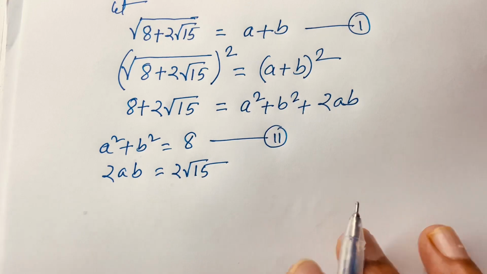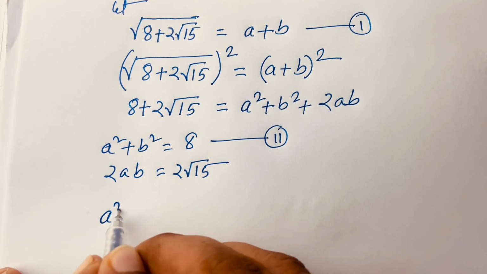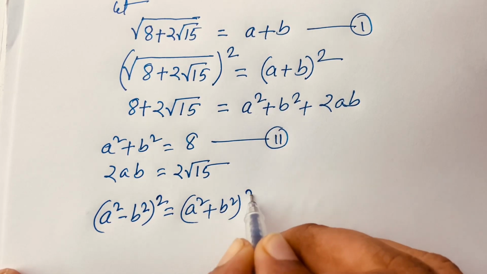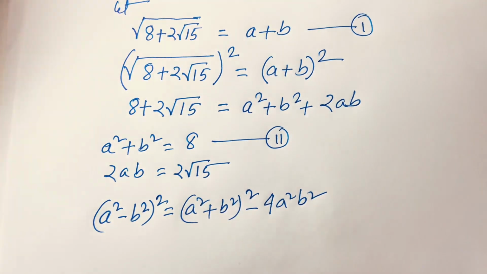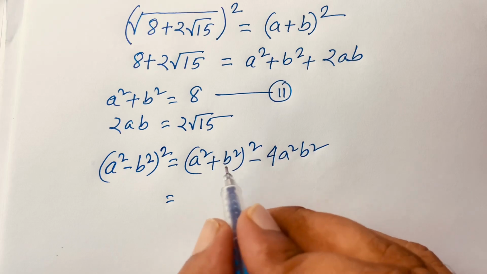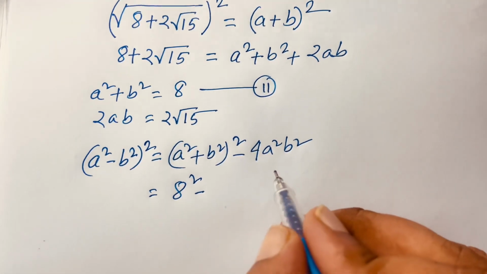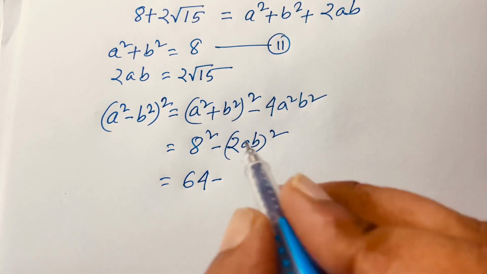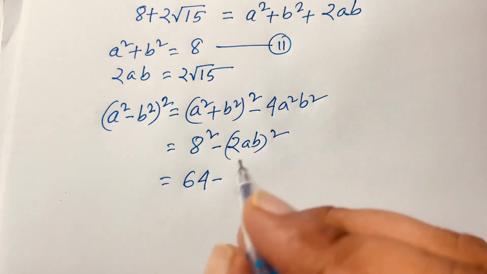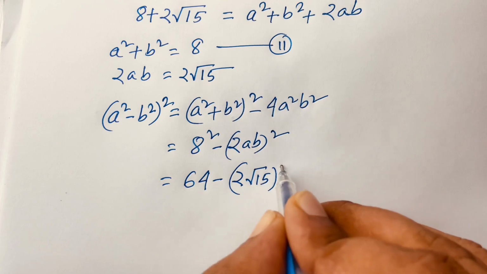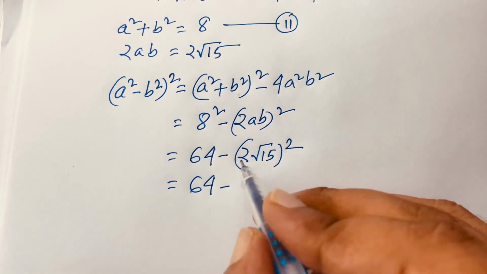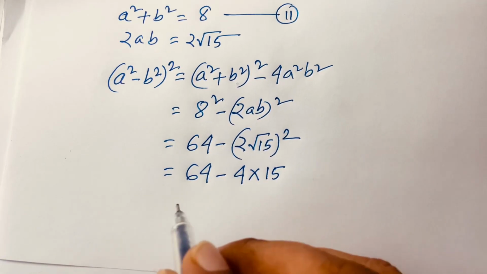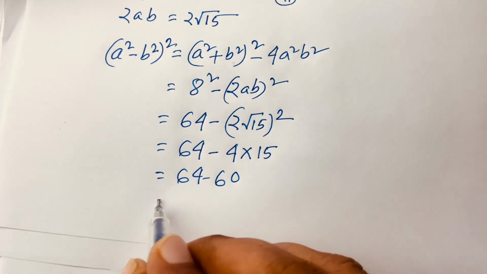Then, we know that (a square minus b square) whole square is (a square plus b square) whole square minus 4 a square b square, which is (2ab) whole square. Since a square plus b square is 8, it will be 8 square, 64, minus (2 square root 15) bracket power 2. That is 64 minus 4 times 15, the square root being cancelled. So 64 minus 60 is 4.